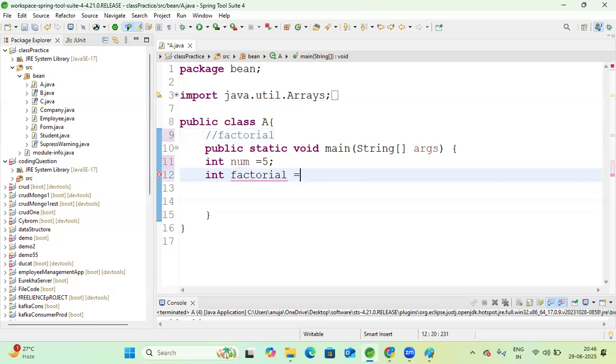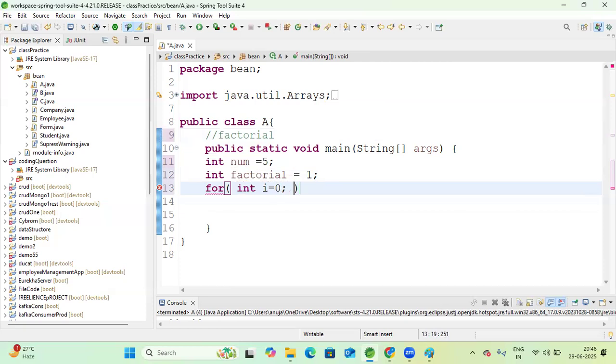Factorial is a variable, and currently I am storing the value 1. Now using a for loop, for int i equal to 0, i is smaller than num, because num is the variable where 5 is stored, and i plus plus.